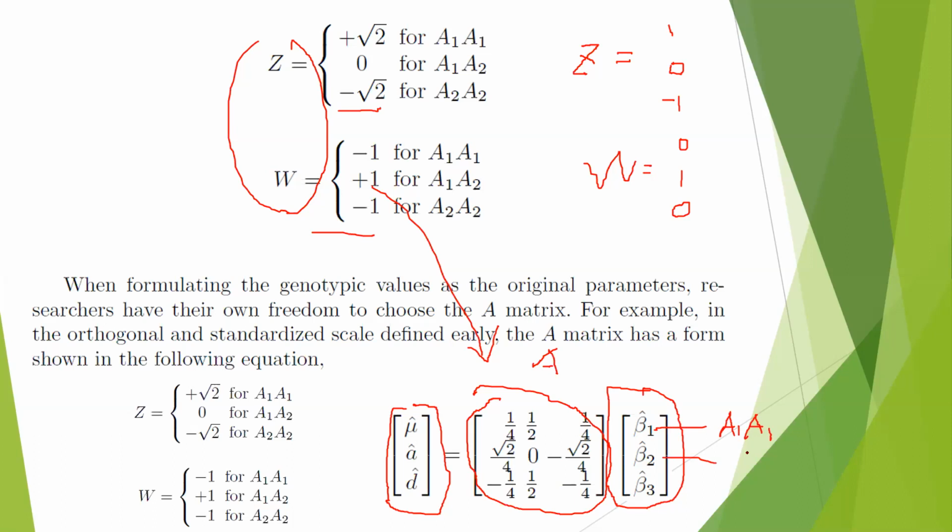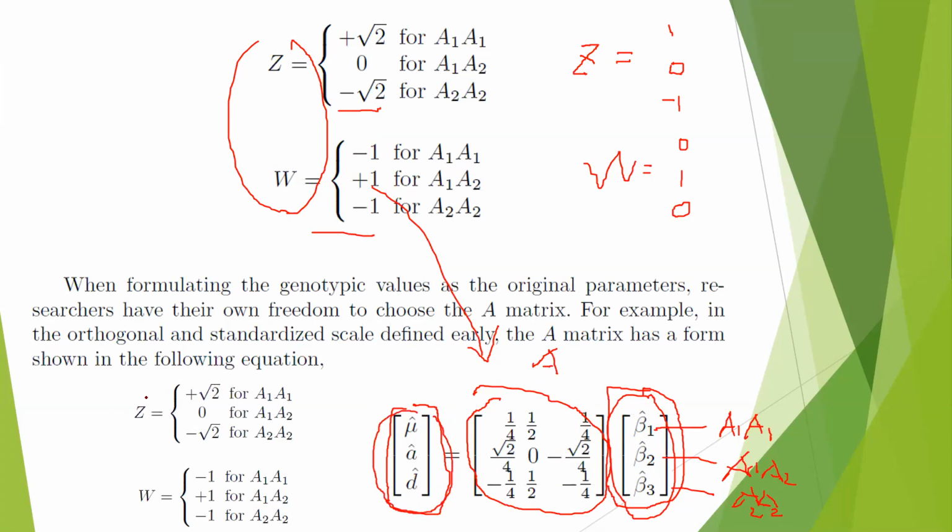This is for the second, A1A2, and this is for A2A2. So how can we link the beta, which is the average genotypic value for each genotype, with the newly defined mu, A and D?